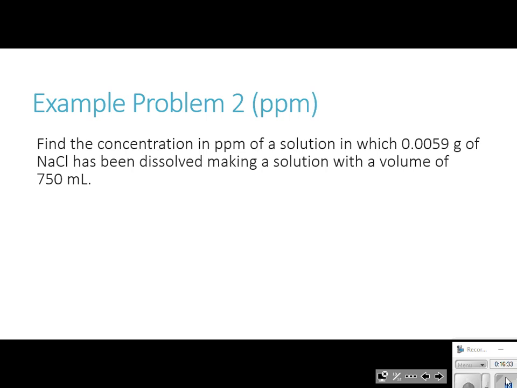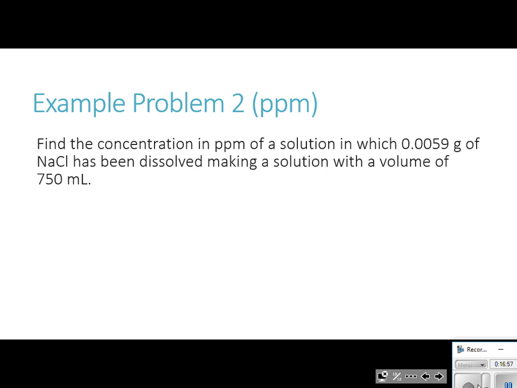It is a part per million example. Find the concentration in parts per million of a solution in which 0.0059 grams of sodium chloride has been dissolved, making a solution with a volume of 750 milliliters.